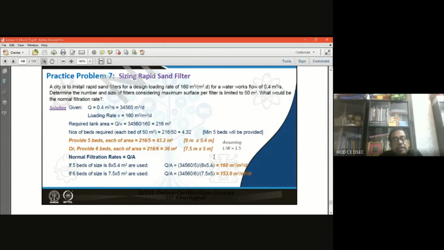But in case of 6 beds, if you alternatively propose 7.5 meter by 5 meter, with length to width 1.5 to 1, then Q by A, that means the loading rate, will come to 153.6 meter cube per meter square per day. So these alternative answers are there. The normal filtration rate depends on the filtration units and the area size of the filter you have chosen.